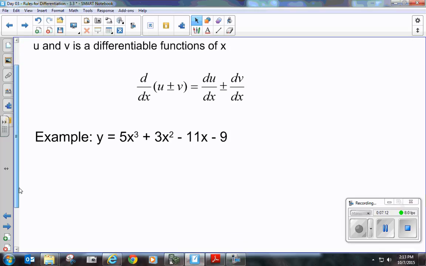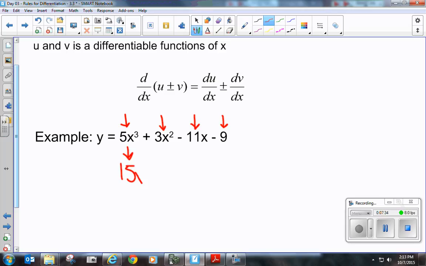So when I go down here, I can just take the derivative of this plus the derivative of the second term minus the derivative of the third term minus the derivative of the fourth term. I can handle them all individually when you're adding and subtracting. So, now that you guys are good at this chain rule stuff, what is the derivative of 5x cubed? 15x squared.